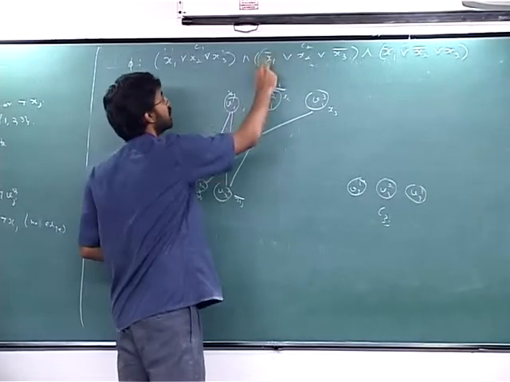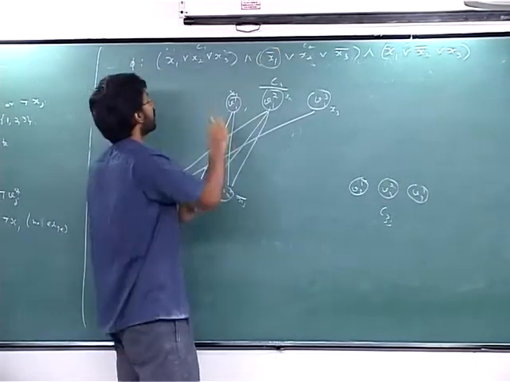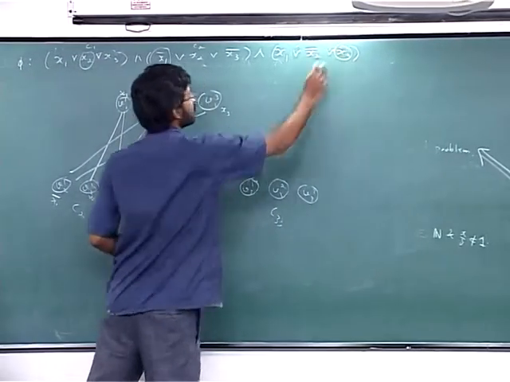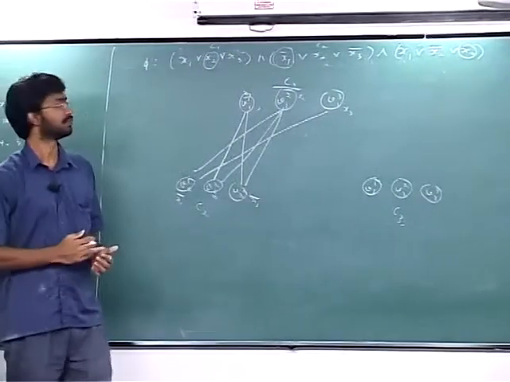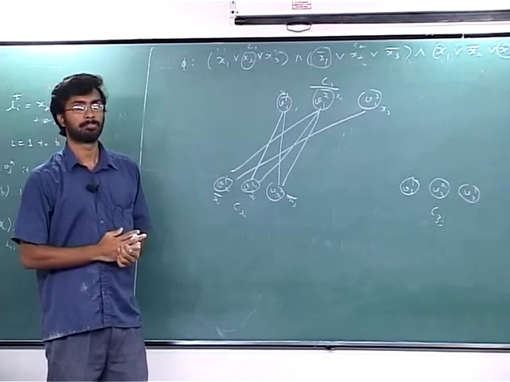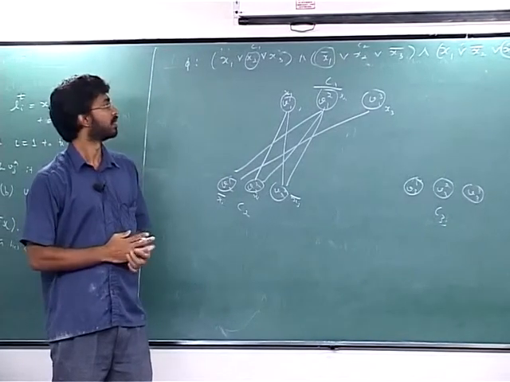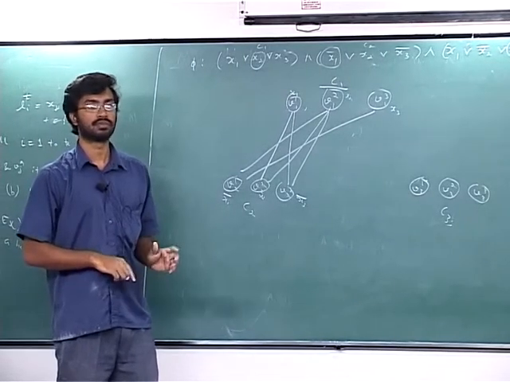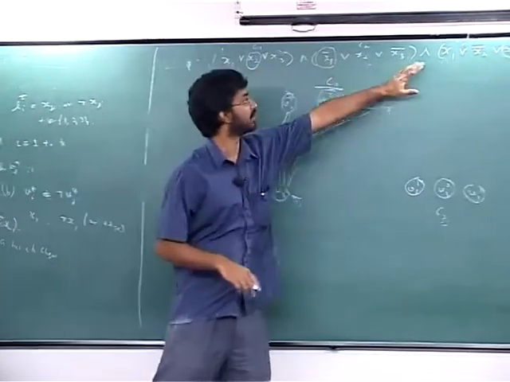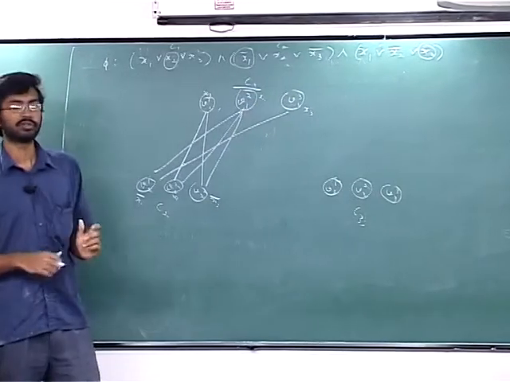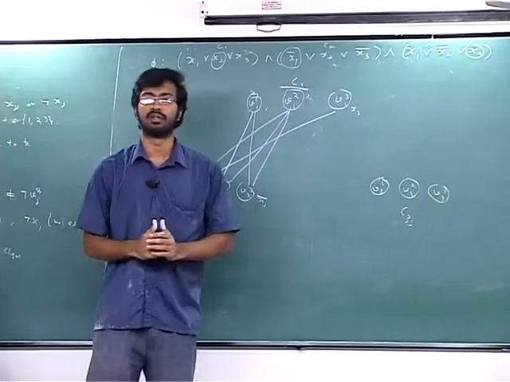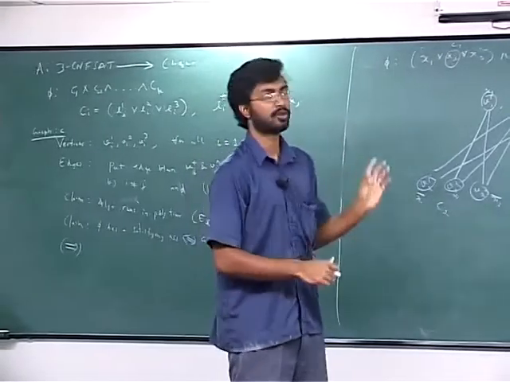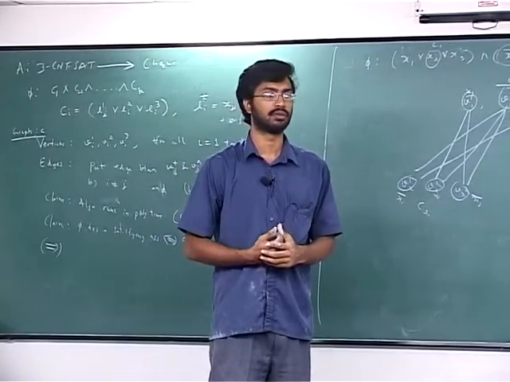From each of the clauses there should be at least one which is assigned 1. Then we are through. If from each clause there is one literal which is assigned value 1, then the entire formula is 1.